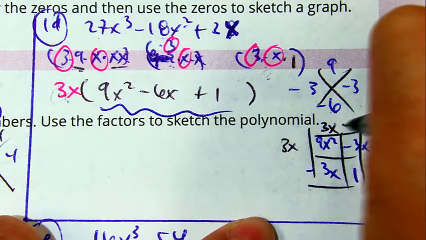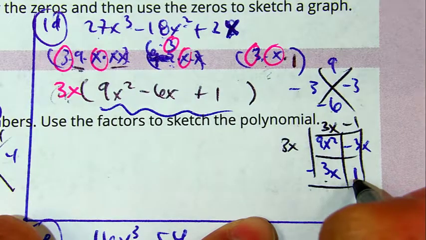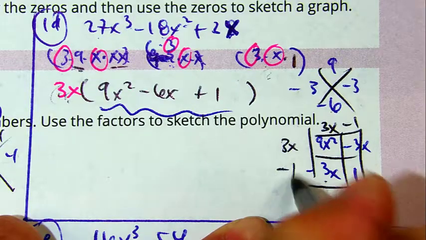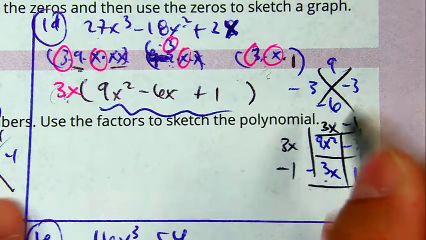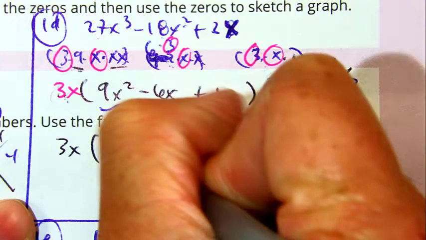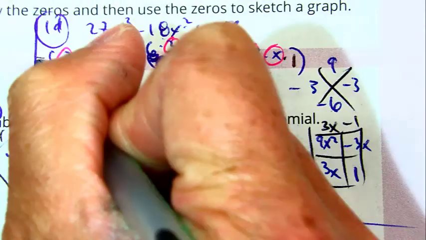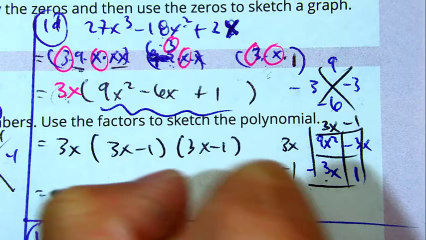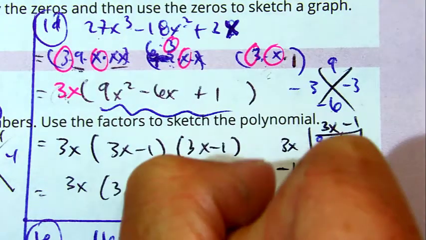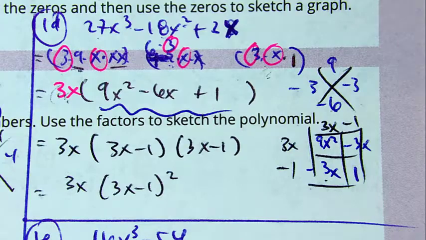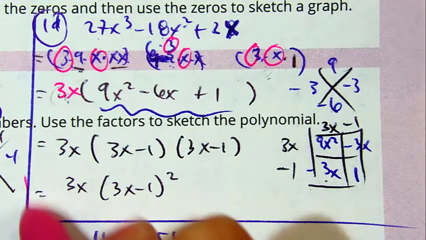This will be a negative 1. This is a positive, so this will be negative 1. And then I get 3x times 3x minus 1, 3x minus 1. And I have 2 of those. What does that mean? You write them twice. 3x minus 1 squared. And that is your answer for 1D.